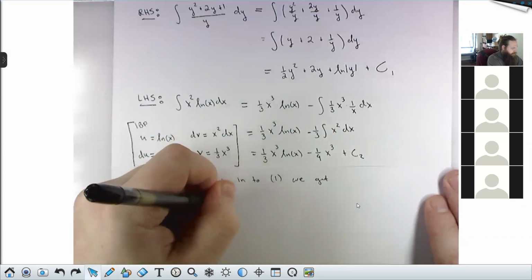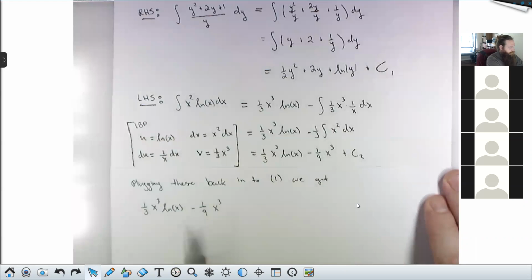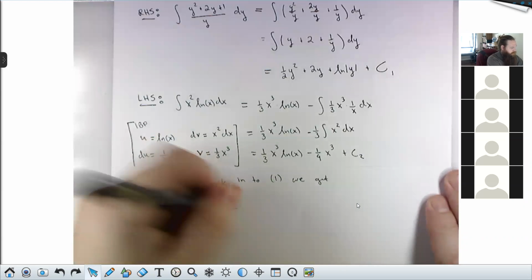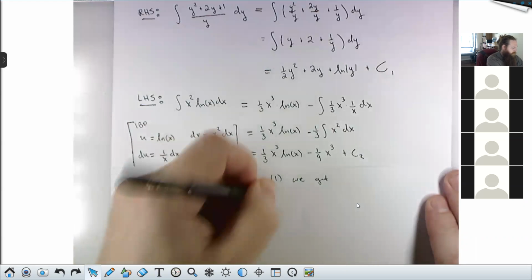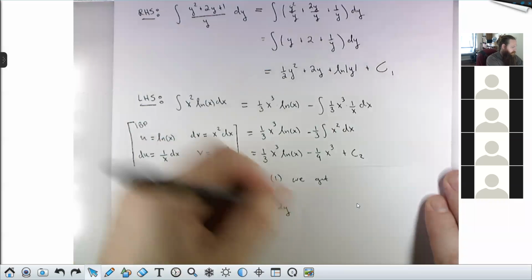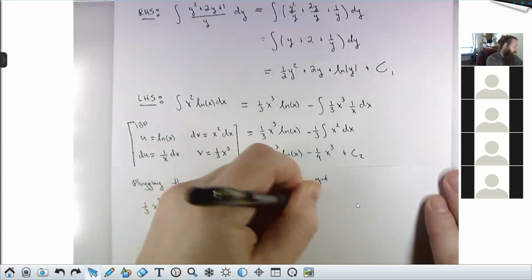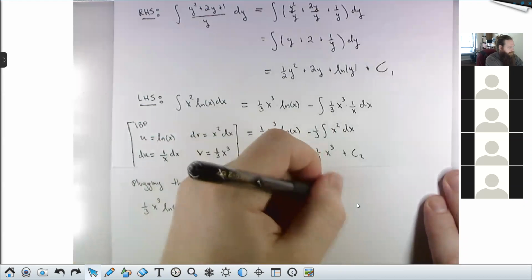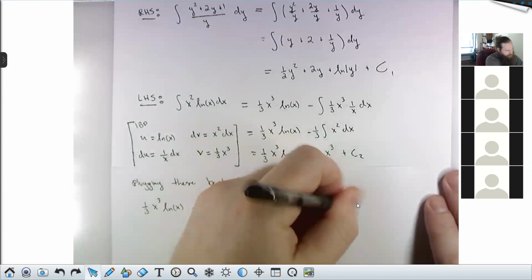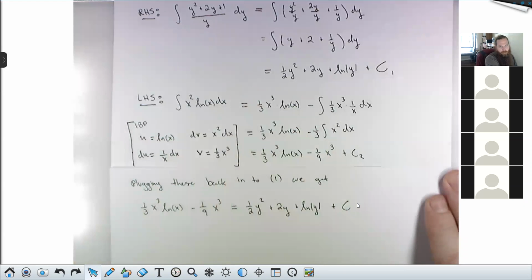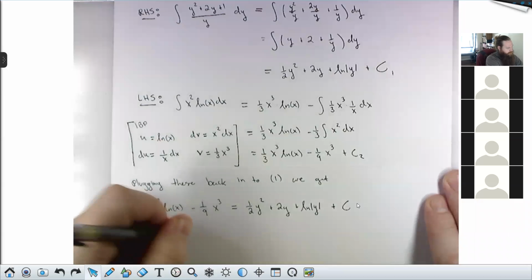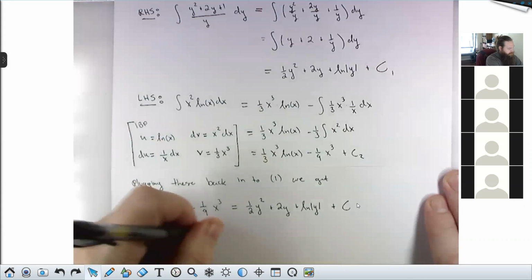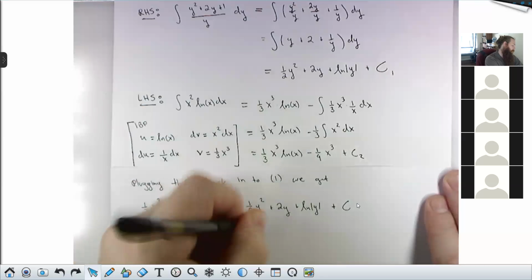And I'm not going to write the plus C2 here. This is just equal to 1/2 y squared plus 2y plus the natural log of the absolute value of y. And I'll say, plus capital C, where C is equal to C1 minus C2, which is still just an arbitrary constant.